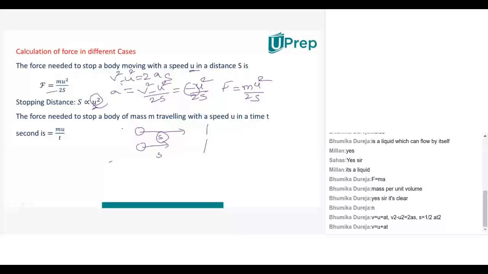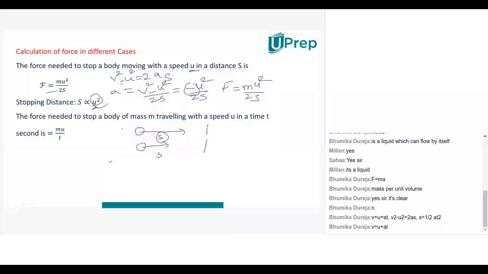We applied the same force and the mass of the objects is the same, but both are moving with different speeds. One is moving at 10 meters per second, the other at 20 meters per second. And to stop them, I applied the same force.